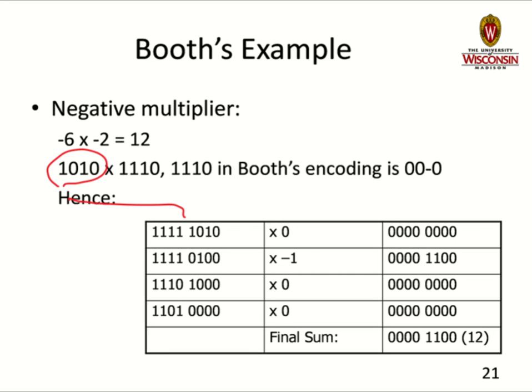So in this case, we have a 0, minus, 0, 0 Booth's encoding, which we translate into the table now and perform the corresponding arithmetic operations, again shifting the multiplicand at every time step. And we get a final sum that if we do the math, we see that it, again, works out. We get the decimal value 12, which in fact is the product of minus 6 and minus 2.